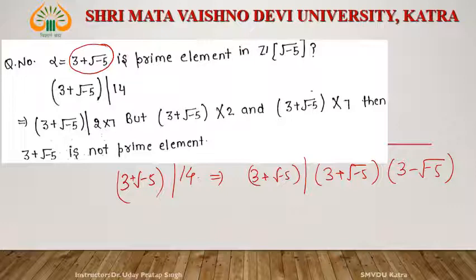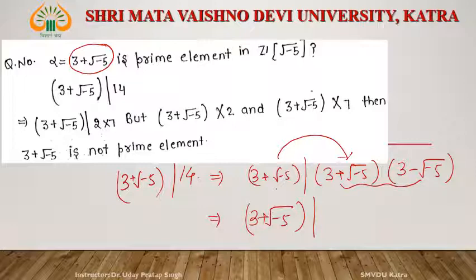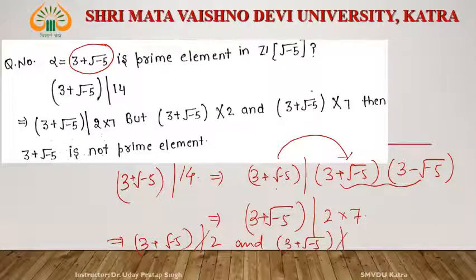But if we write 14 equal to 2 into 7, then 3 plus square root of -5 does not divide 2, and 3 plus square root of -5 does not divide 7.